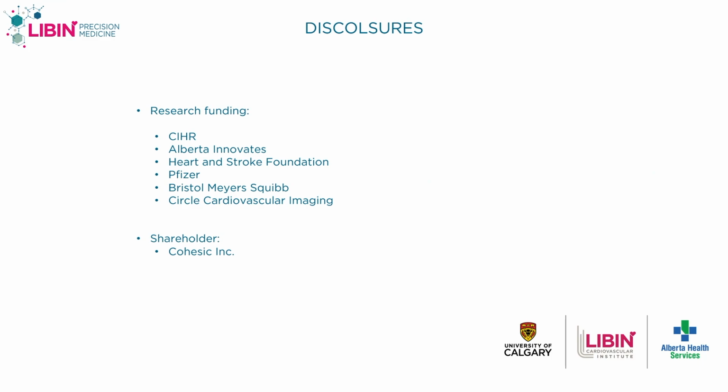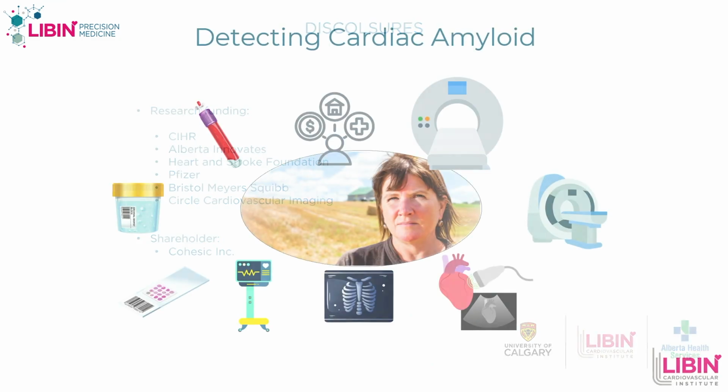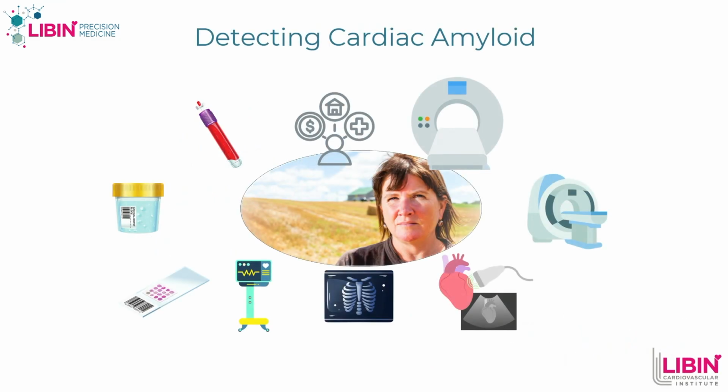So as Nolan introduced, I'm a cardiac MRI specialist, and so I'm going to be talking specifically about cardiac MRI in the role of detecting and monitoring cardiac amyloid. And as Nolan had pointed out earlier in the talk, many patients with amyloid end up getting a myriad of tests because it's a multi-organ disease and it's indolent, and a lot of time is spent trying to figure out if it's there or not.